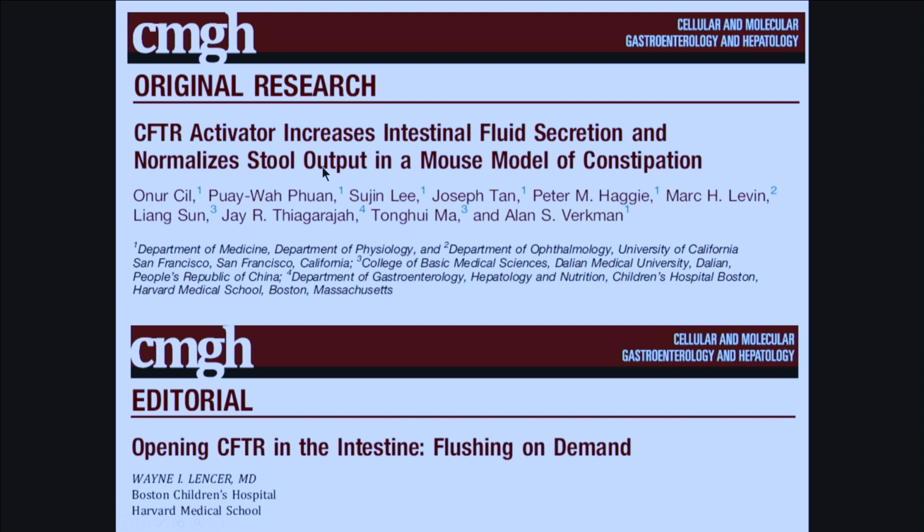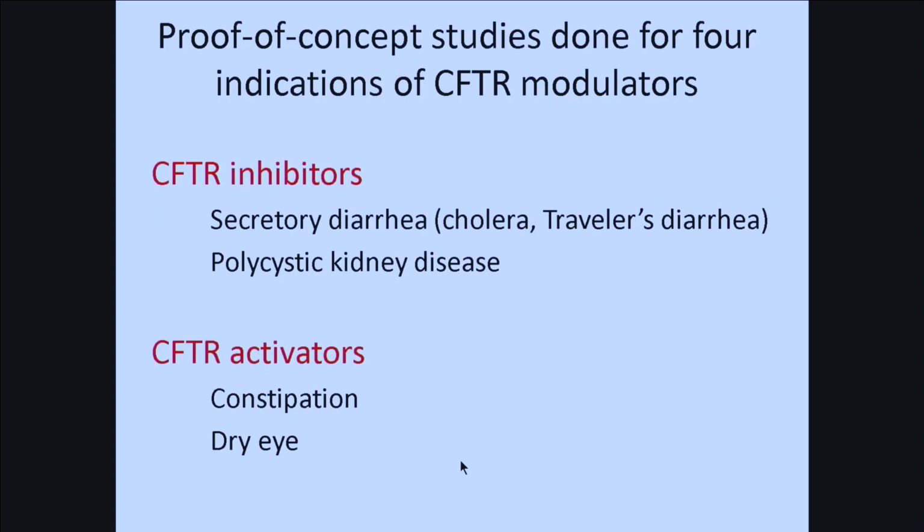This was followed by a very nice review and editorial by Wayne Lencer at Harvard Children's Hospital entitled "Opening CFTR in the Intestine, Flushing on Demand," which exactly describes the mechanism of action of opening CFTR in order to hydrate the stool.